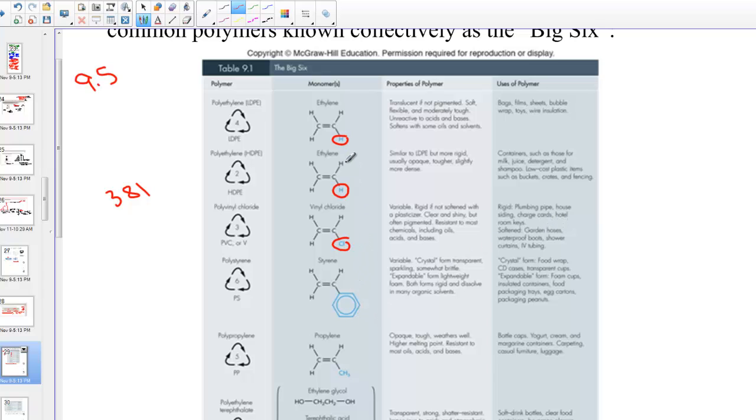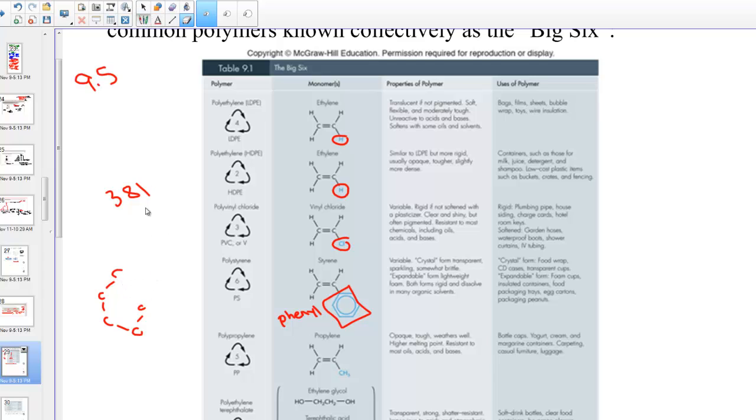If we substitute out, instead of the hydrogen position of ethylene or the chlorine position of vinyl chloride, and we put on a phenyl group, a phenyl group is a six-sided carbon ring in which you see alternating double and single bonds.